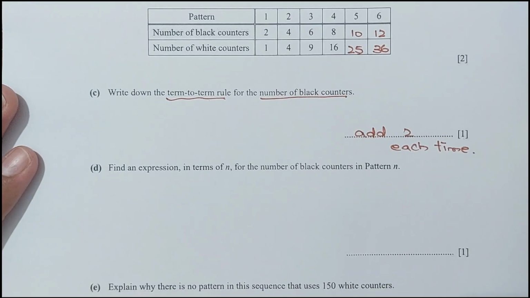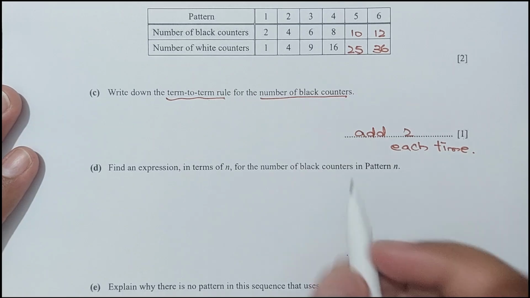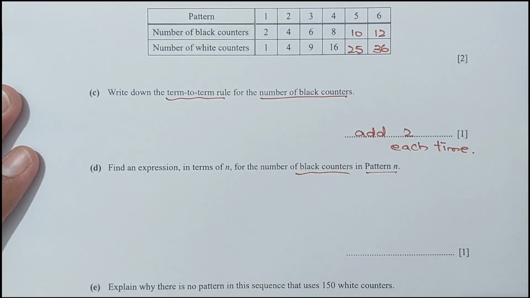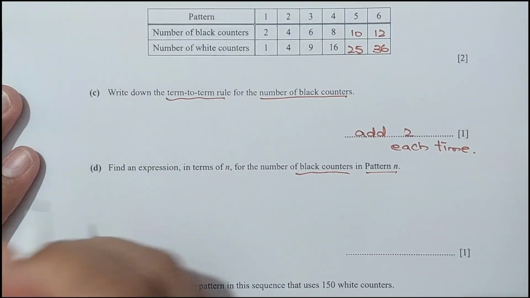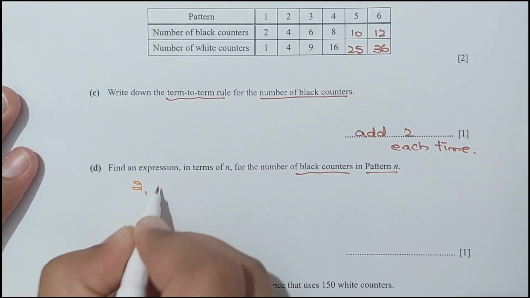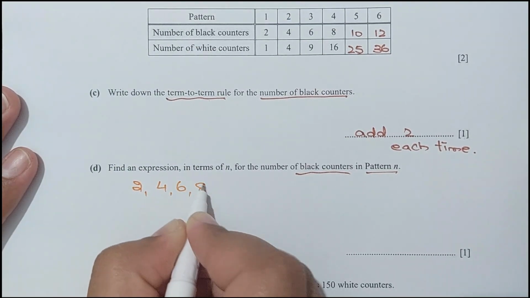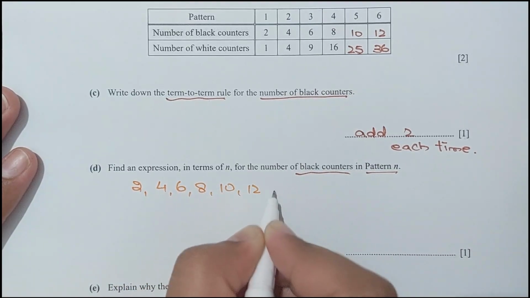Now for part D, find an expression in terms of n for the number of black counters in pattern n. So 2, 4, 6, 8, 10, 12, and so on.